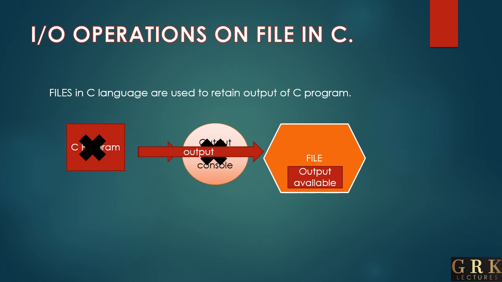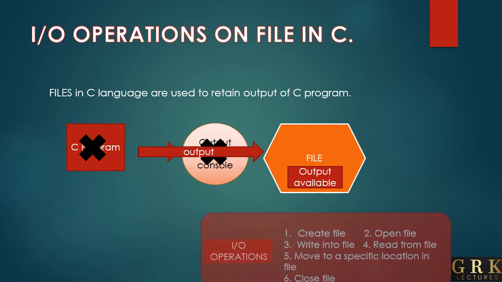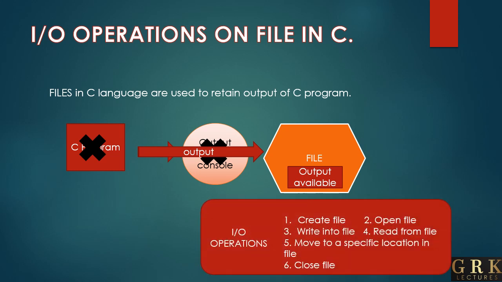Now coming to the input-output operations on the file, these are the different input-output operations that can be performed on the file. Initially a file has to be created, and on the file we can perform read operation, write operation, and the file will be opened in different modes. Within the file, we can move from one location to the desired location.